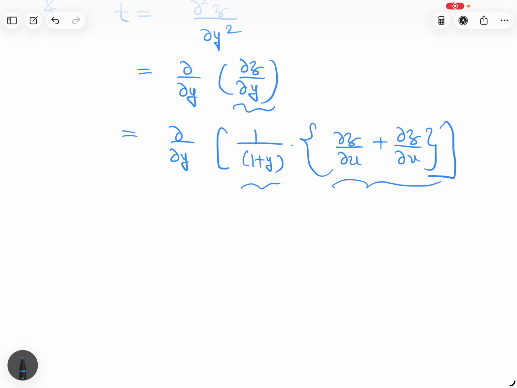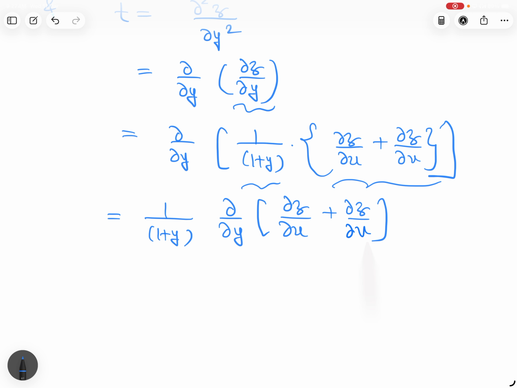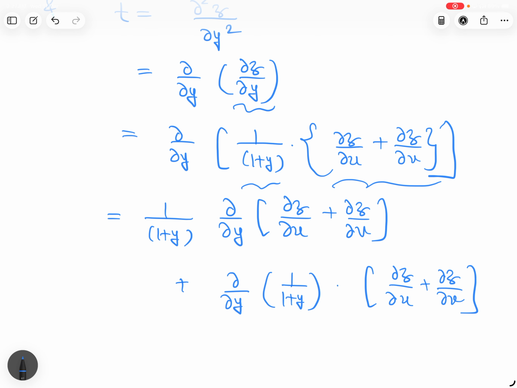Similarly, first you keep 1 upon 1 plus y as it is, and you take the partial derivative of this part, del z upon del u plus del z upon del v. Then next you take the partial derivative of this 1 upon 1 plus y and keep this part del z upon del u plus del z upon del v as it is.